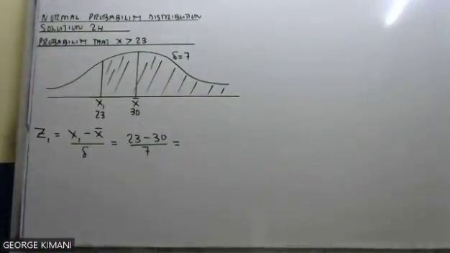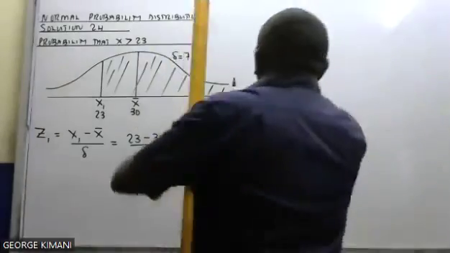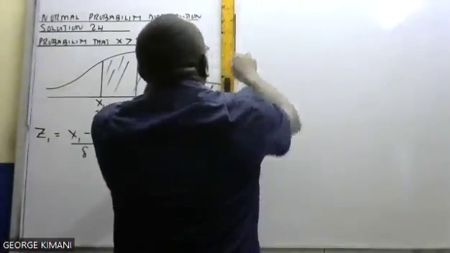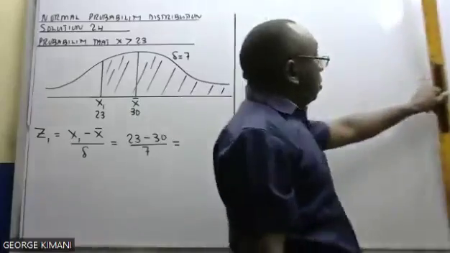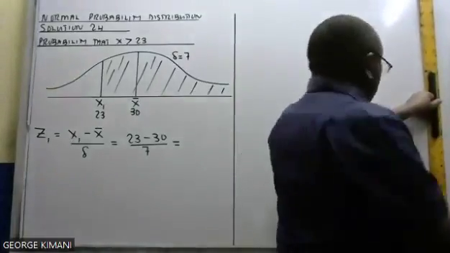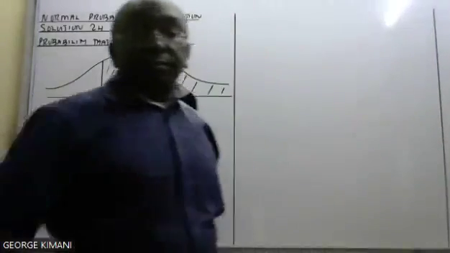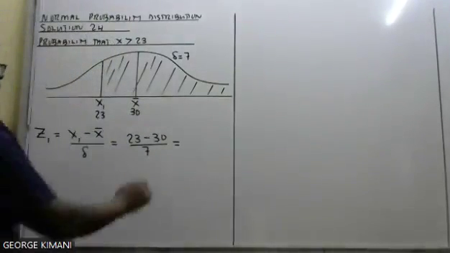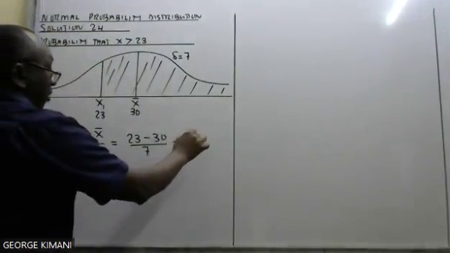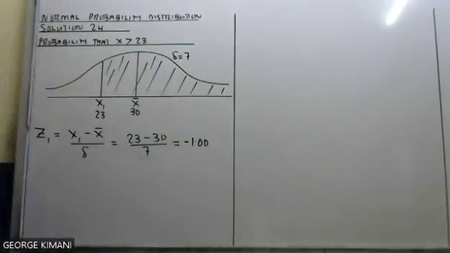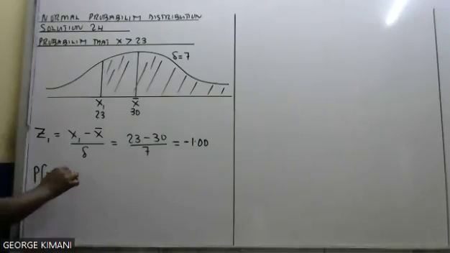Give me the answer to 2 decimals. Yes, I can see minus 1.00. Good. Now from there you say probability that x is greater than or equal to 23 is equal to.